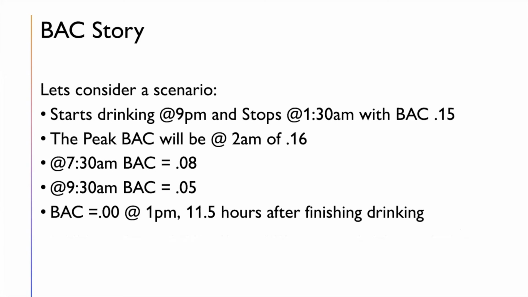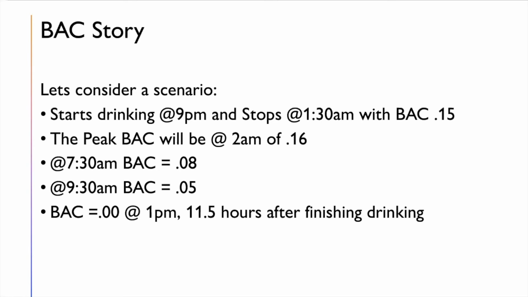Let's consider a scenario when someone starts drinking at 9 p.m. and stops drinking at 1:30 a.m. with blood alcohol concentration 0.15. The peak BAC will be at 2 a.m. of 0.16. Then it will decrease.